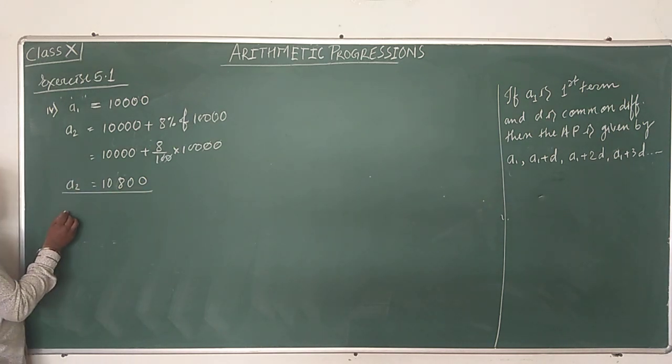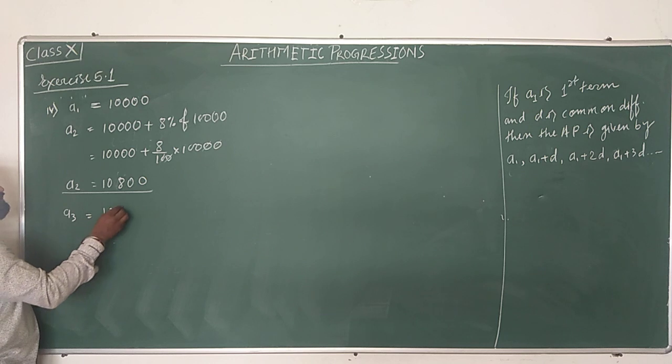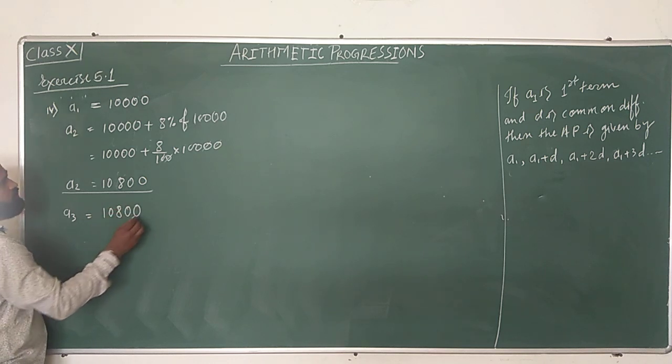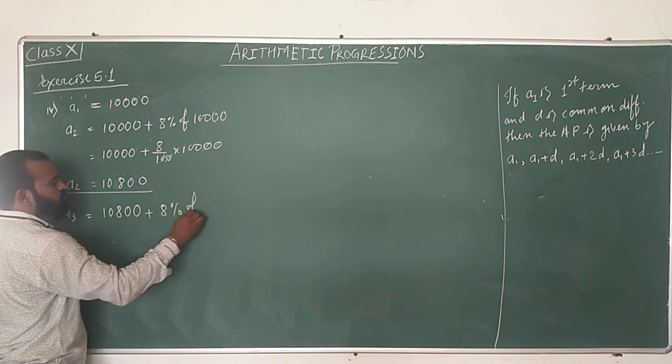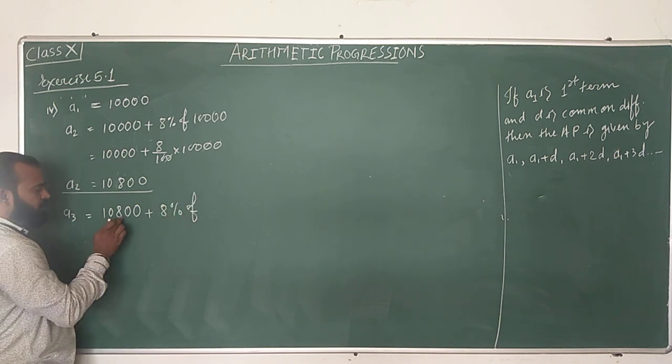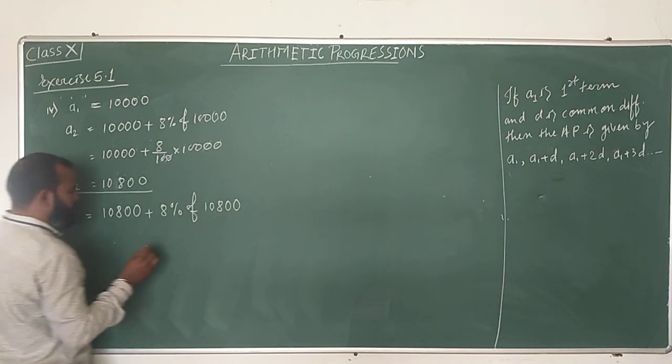Now go for A3. This is amount. Amount will become principal. तो क्या आएगा? 10800 प्लस अगेन 8% ऑफ। अब इंटरेस्ट क्या करेगा? इसके ऊपर लगेगा 10800, राइट?